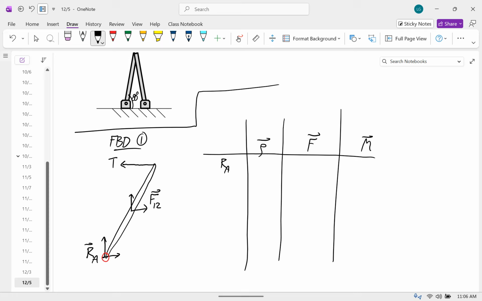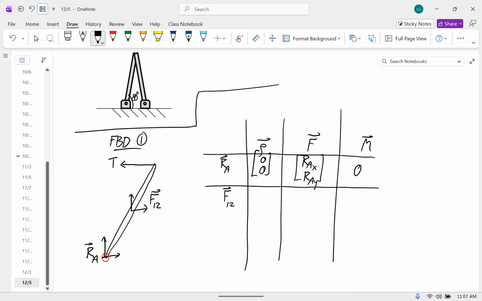So RA has 0 rho vector. Force vector is RAX, RAY. Cross product is 0. Then F12. That is, it's a length of 0.5. The angle is 80 degrees.